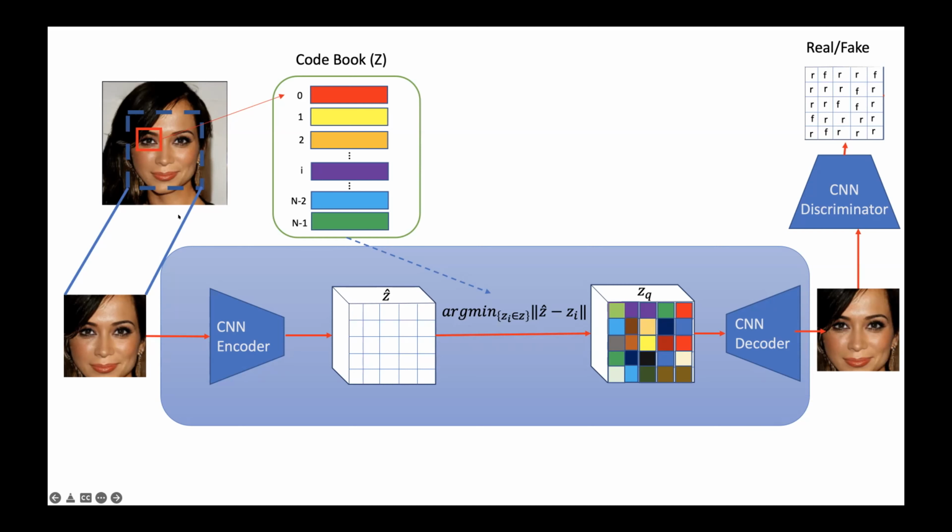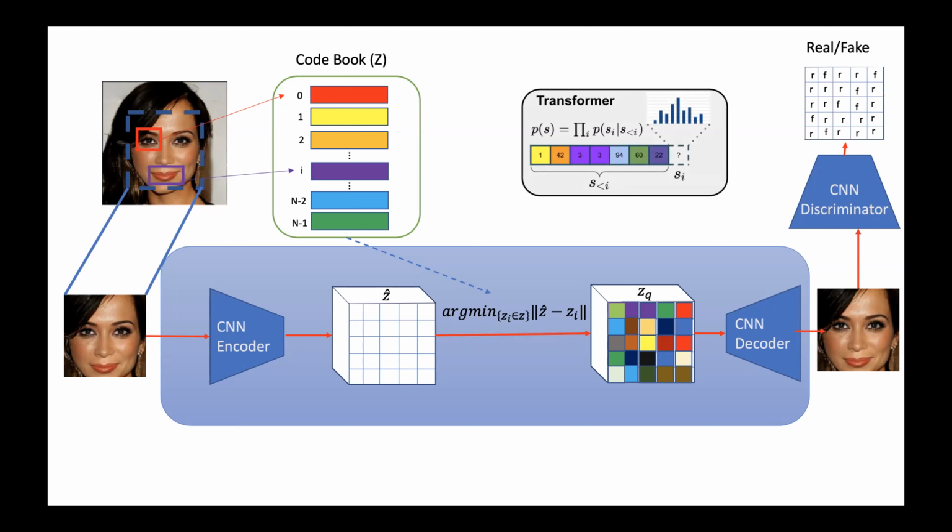For example, if the data set is images of faces, the codebook should be representative of a feature like an eye, lips or a nose. After that, the transformer is trained on the ZQ in each step to perform as autoregressive. The transformer gives us a probability distribution for each of these indices, given all the indices before it.